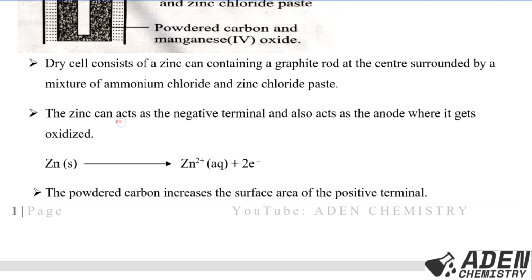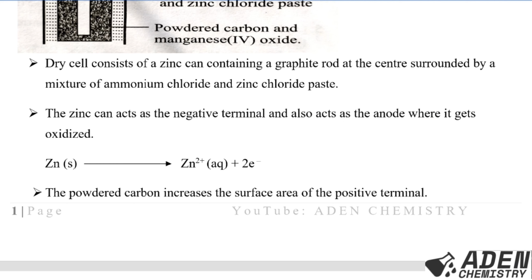The zinc cane or zinc container acts as the negative terminal because it is the graphite rod which acts as the positive terminal. It also acts as the anode, where it gets oxidized. That means where the oxidation reaction occurs.